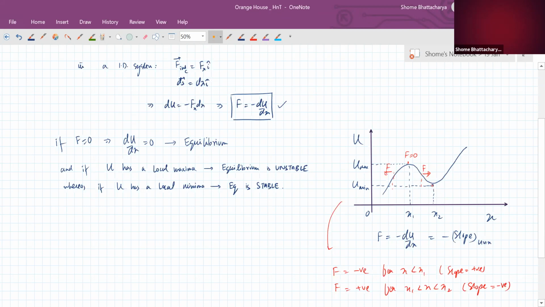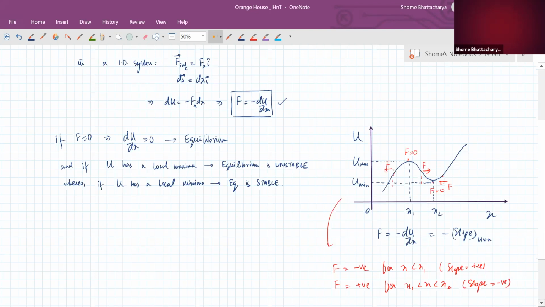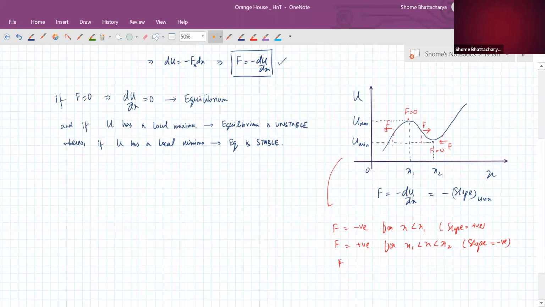Whereas at this point x2, again the force is zero, but beyond x2 the force is negative. So it points back towards x2. Before it, it's positive, so it also points back towards x2. So there is a force which points towards the equilibrium position. So that is why it is the stable equilibrium position. The force again becomes negative for x greater than x2, because the slope in that region is again positive.